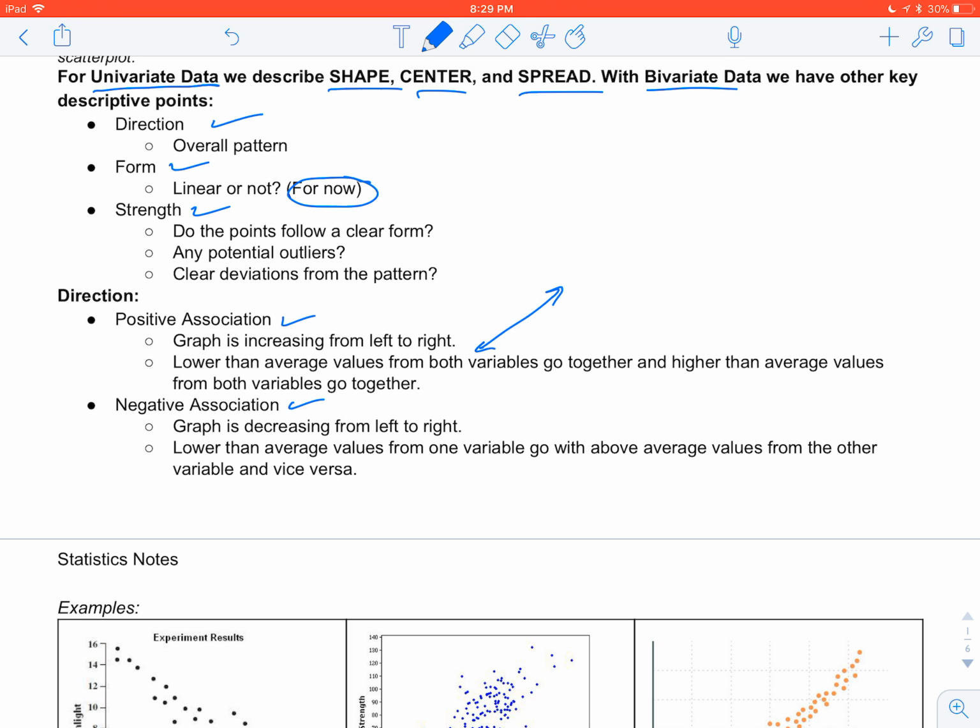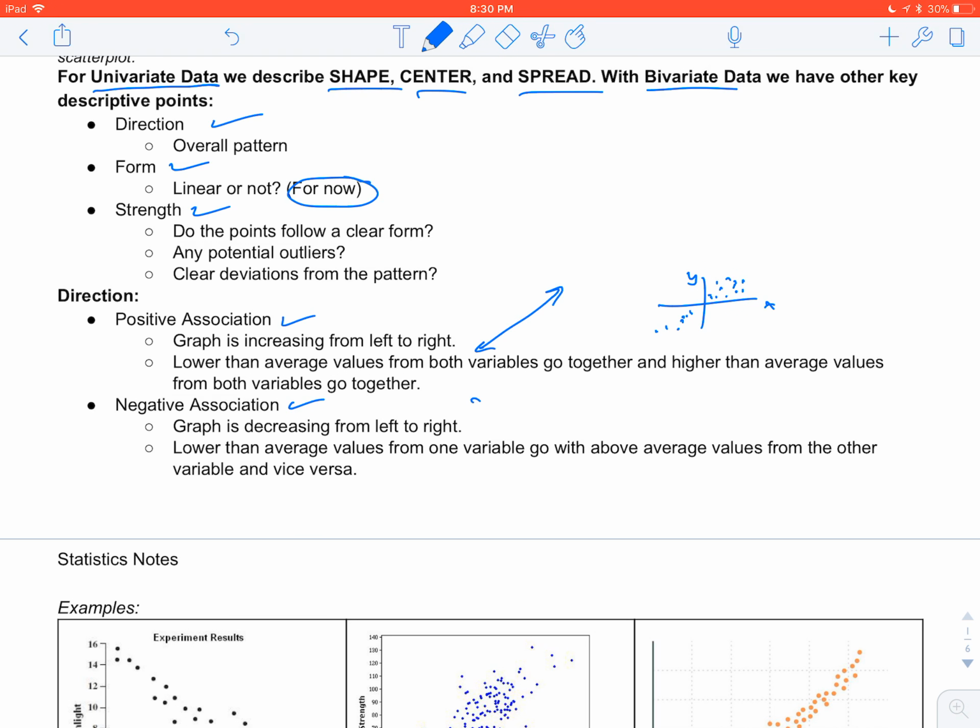Lower than average values from both variables go together, and higher than average values from both variables go together. So essentially, when you actually have your scatter plot, it looks something like this, where you have your x and your y, and it's in the same quadrants, creating that positive association.